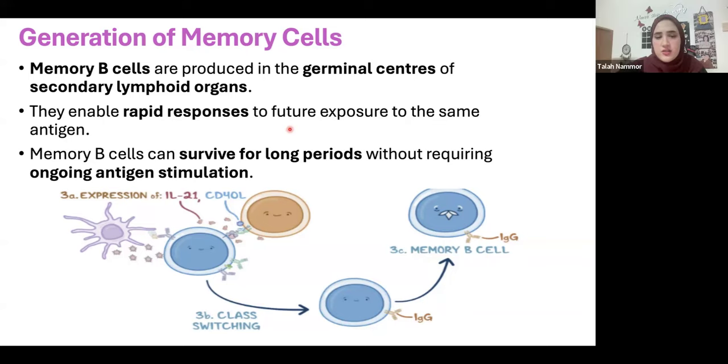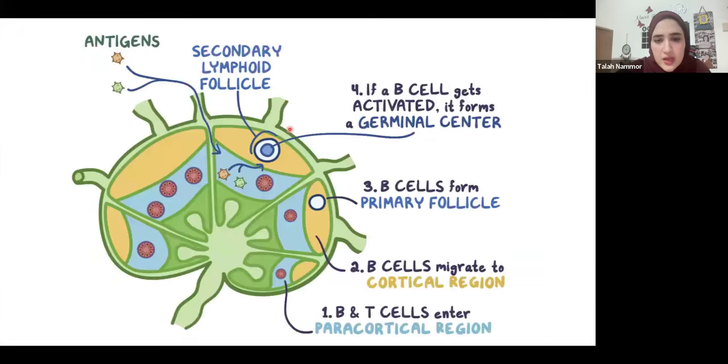It's okay. For the germinal center, let's go really fast back. The lymph node is like an airport. Everything has to go through it, lymph, blood, whatever. Both B and T cells are going to enter. Once they enter, the T cells are going to stay in the paracortical region, and the B cells are going to go to the periphery, which is the cortical region. In the cortical region, they reside together and form something called the primary follicle.